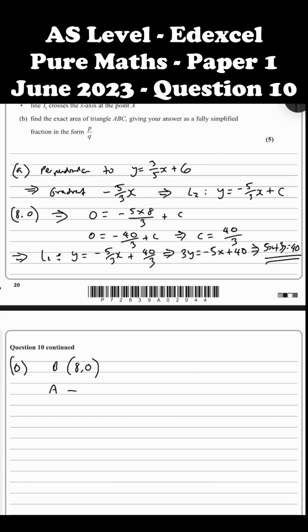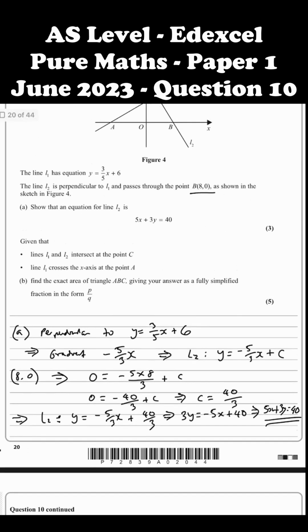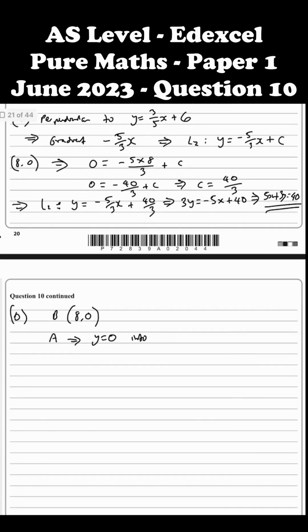To find A, we need to put y equals 0 into our equation that we started with, which was y equals 3/5 x plus 6. Therefore, 3/5 x equals minus 6. Times both sides by 5, we get 3x equals minus 30. x equals minus 10. Therefore, A is the point (minus 10, 0).